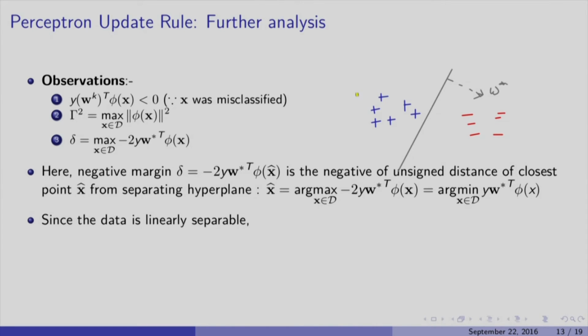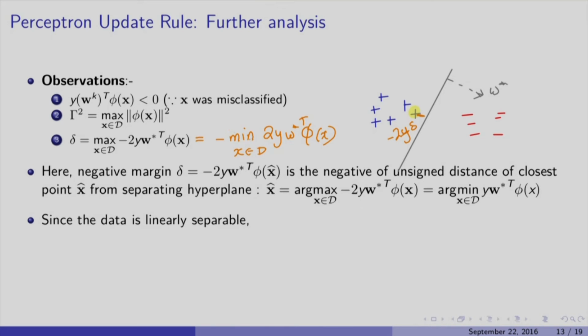Let us identify this point to be the closest, and it has a corresponding distance. I am going to call this distance minus delta. So delta is nothing but minus of the min over all the data points of 2y w star transpose phi x. So minus of the smallest distance. Of course, there is an additional factor 2y, so I will just go ahead and call this smallest distance minus of 2y delta.